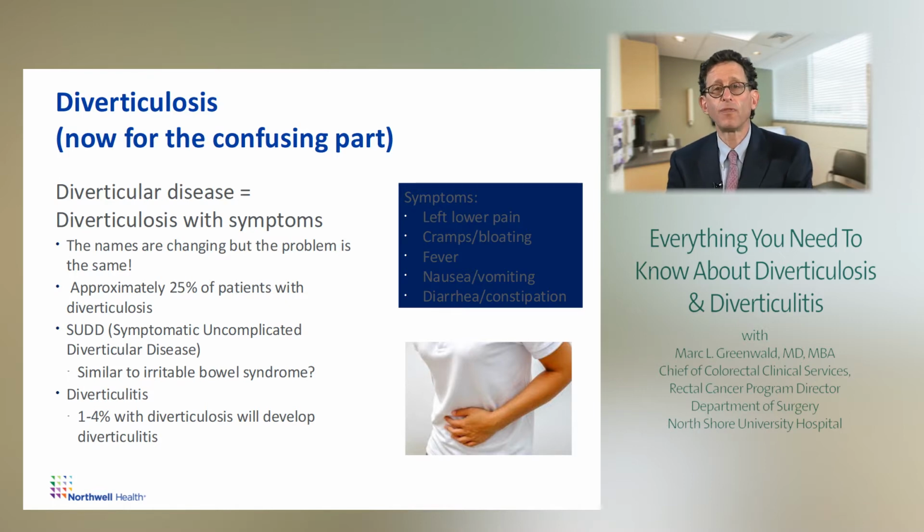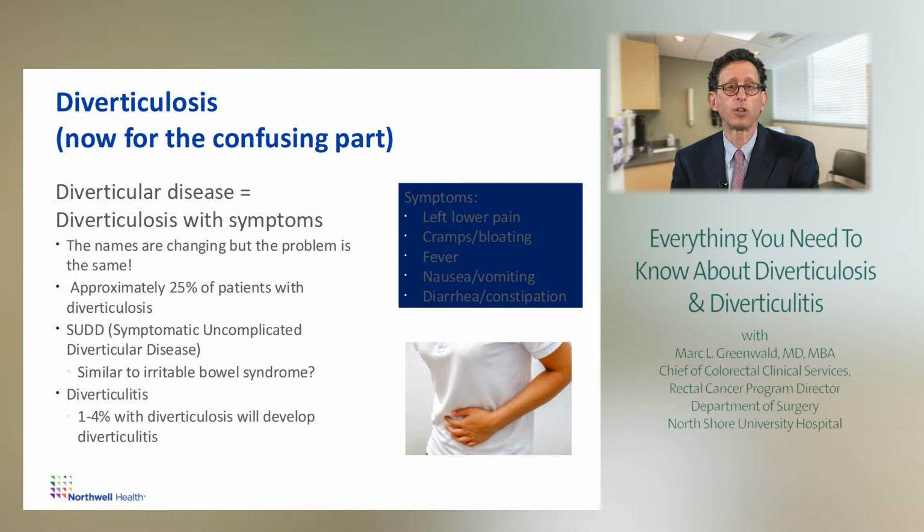Approximately 25% of patients with diverticulosis will have some symptoms. SUD is very similar to irritable bowel syndrome. Those symptoms can be quite the same. But typically, with diverticular symptoms, they occur in the left side.